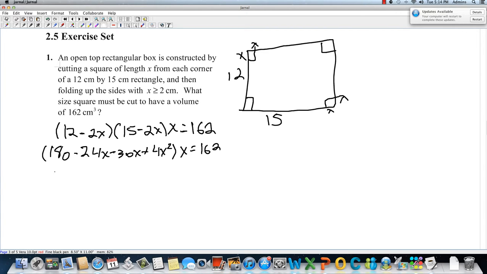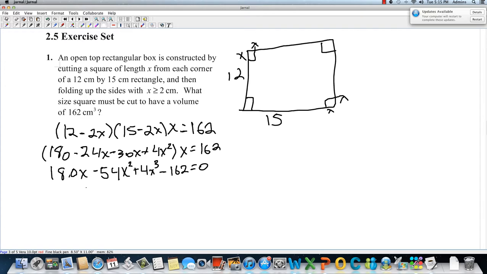By doing so, we end up with 180x minus, combining our two like terms, 54x squared plus 4x cubed minus 162 equals 0.